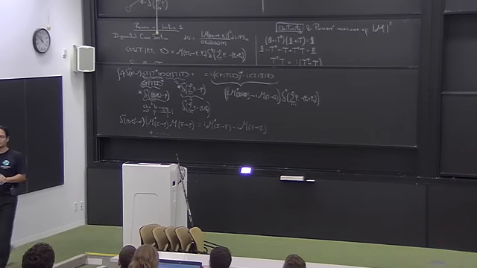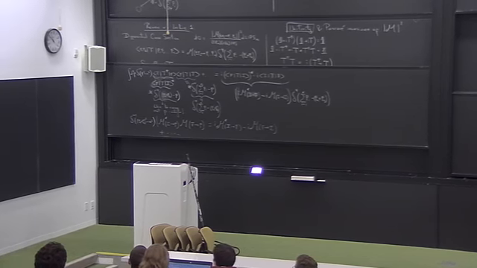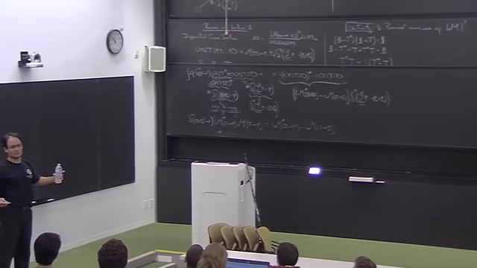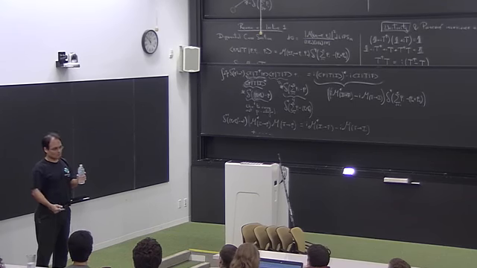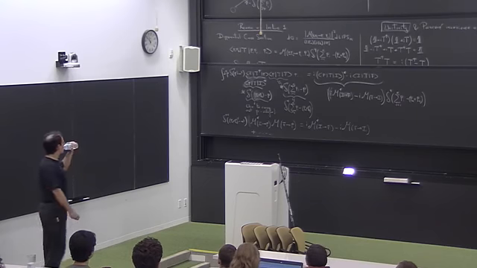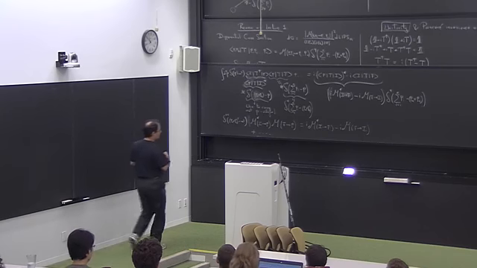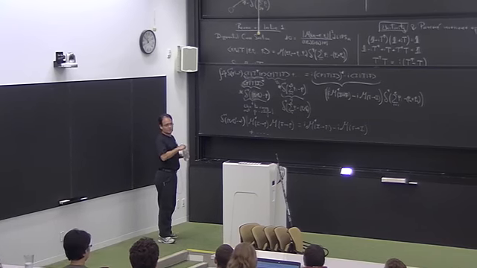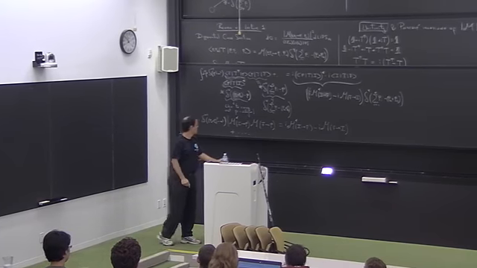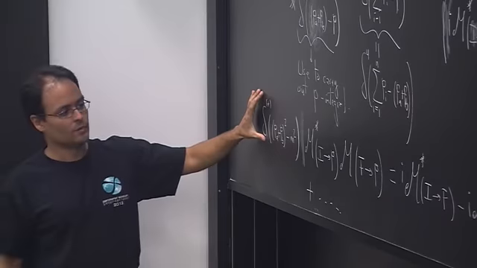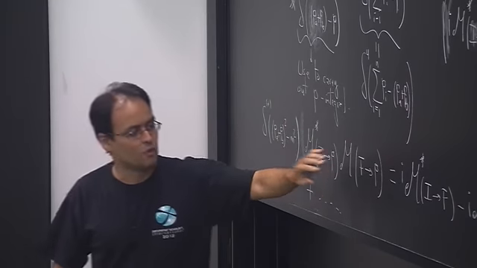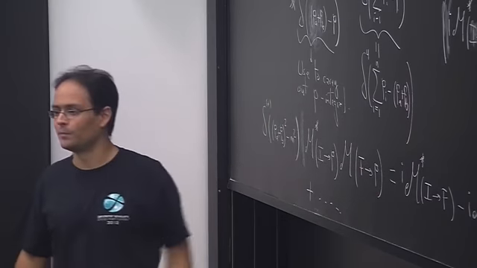Is it generically true that when we scatter two particles, their momenta add up to something whose square happens to be exactly the mass square of a particle? That's right. In general, it's not true. So this is generically not true, and that's why in the books, they don't even bother to write this term.